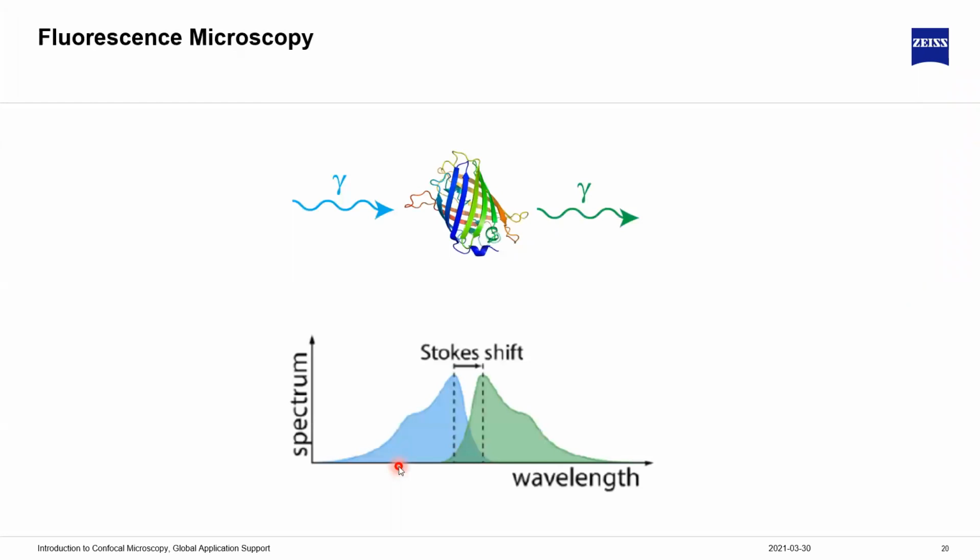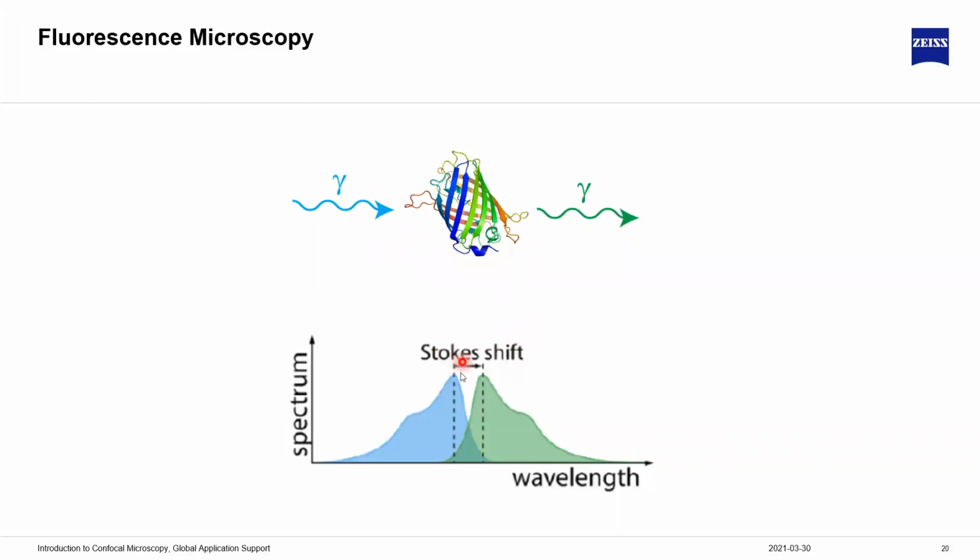And the cool thing about fluorescence is the existence of Stokes shift. If you have a fluorophore or a fluorescent protein and you shine a light with a certain wavelength, this fluorophore will go into the excited state, and on the way back to the ground state, it will emit light of a different wavelength from the light that we use to excite it.